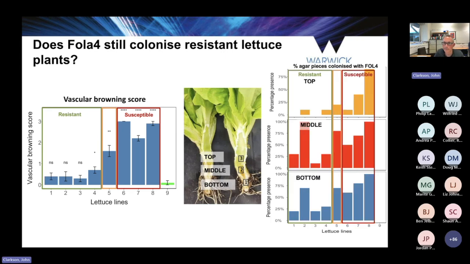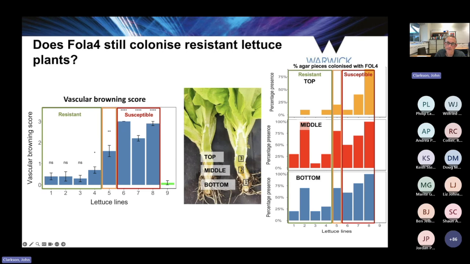And the results were a little surprising, actually, in that even in the resistant types, which you can see on the left-hand side, we could still isolate the pathogen, certainly from the bottom of that taproot, but also in the middle and to a lesser extent in the top, whereas colonization was more extensive in the susceptible varieties.